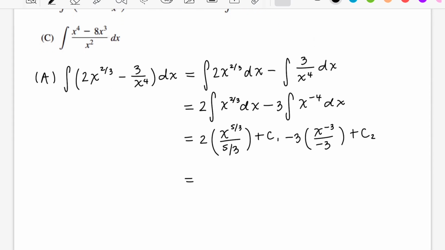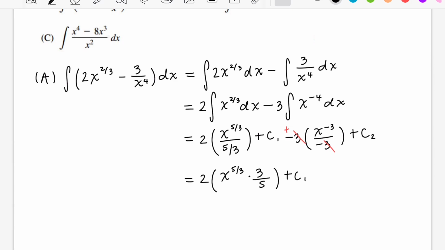All right, so let's simplify this a little bit. In this case here, if we're dividing by this fraction, that's the same thing as multiplying by its reciprocal. So 3 over 5 here. And then here we have these negative 3's cancel and make this a plus.